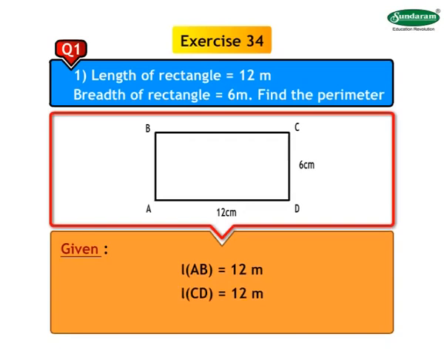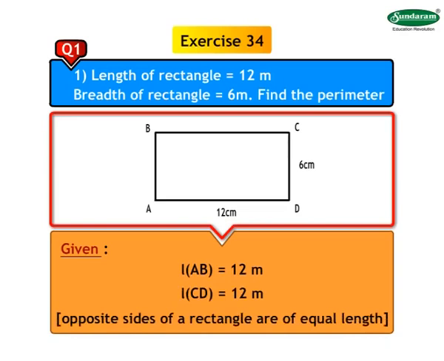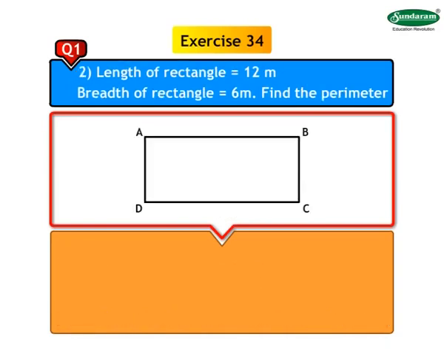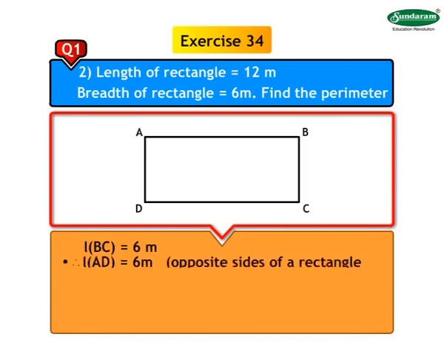Solution. It is given that length of AB is equal to 12 meters. Therefore, length of CD is equal to 12 meters, since the opposite sides of a rectangle are of equal length. It is also given that length of BC is equal to 6 meters. Therefore, length of AD is equal to 6 meters, since opposite sides of a rectangle are of equal lengths.